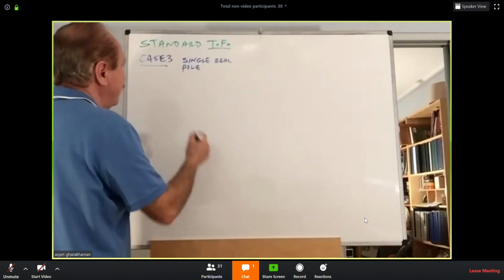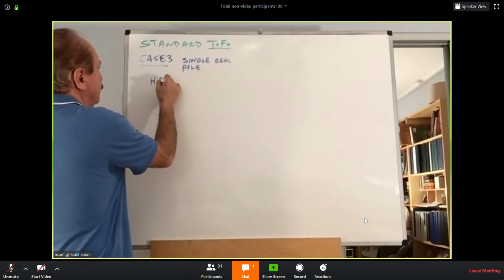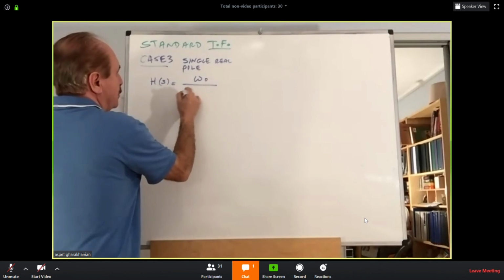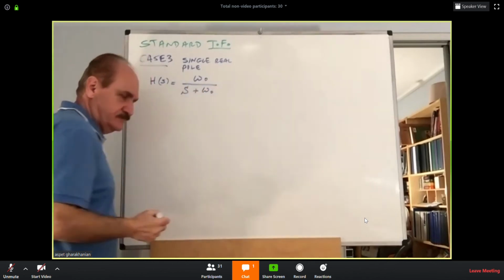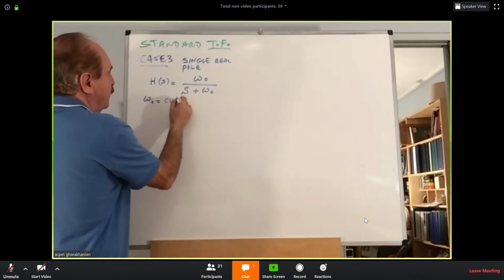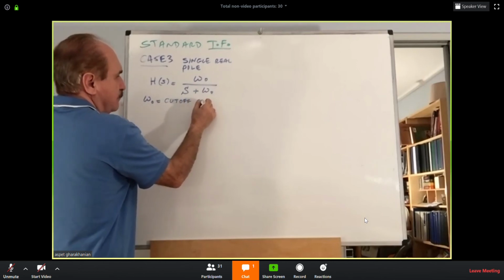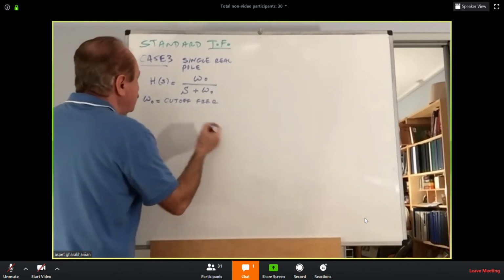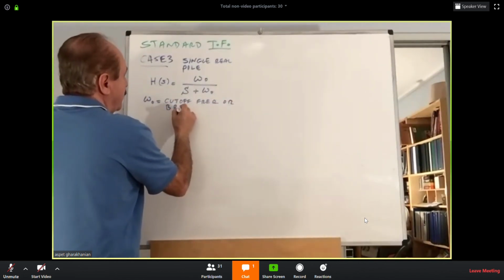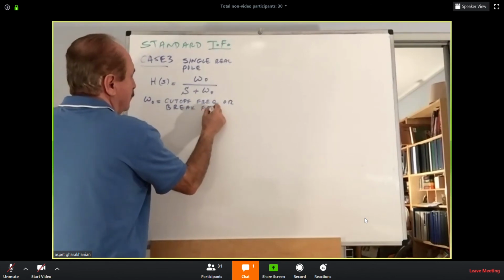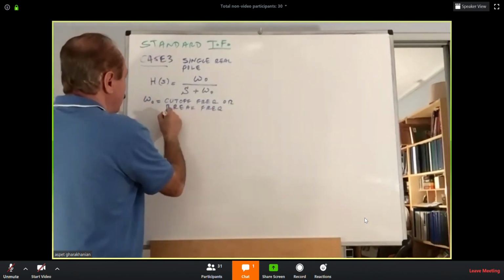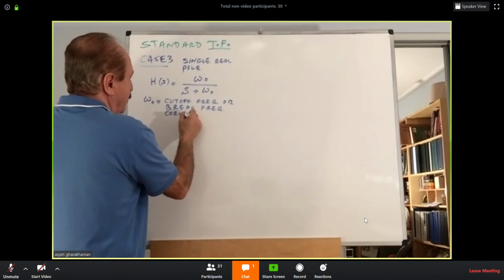The normalized function H of s is going to look like omega o over s plus omega o. Omega o often is called the cutoff frequency, of course in radians per second, or the break frequency, or sometimes just the corner frequency.